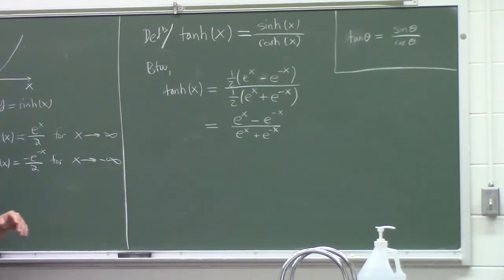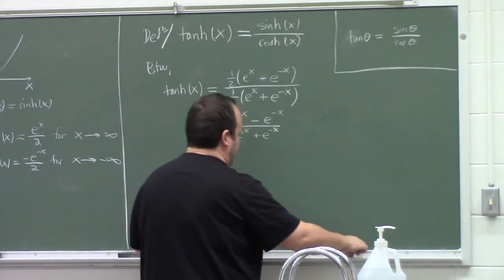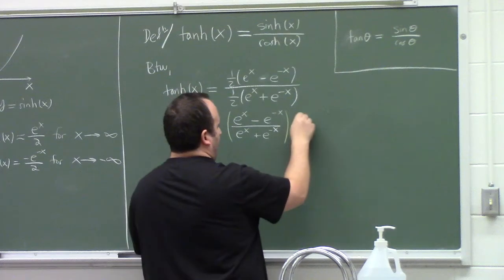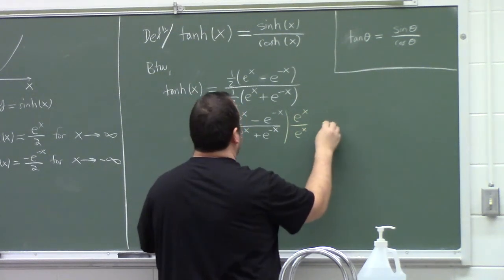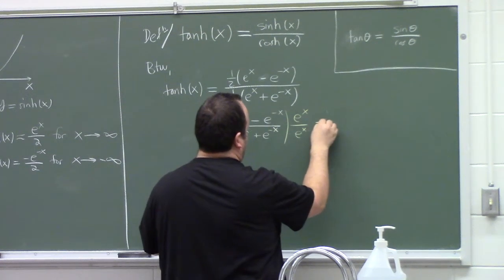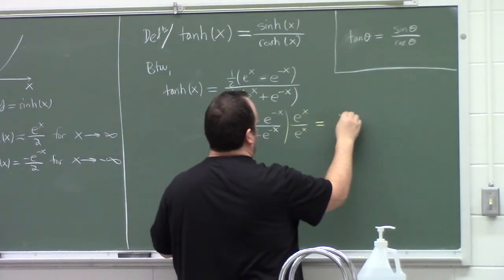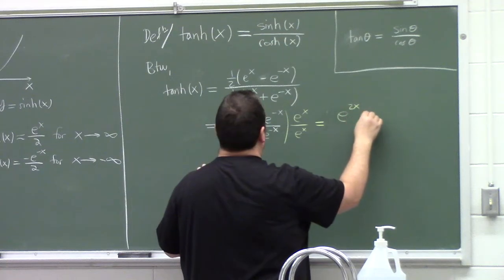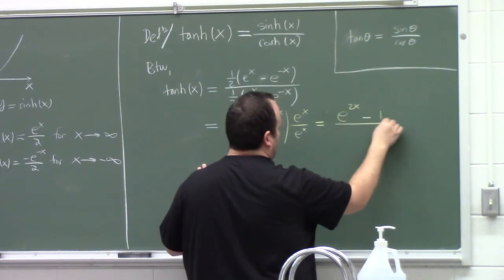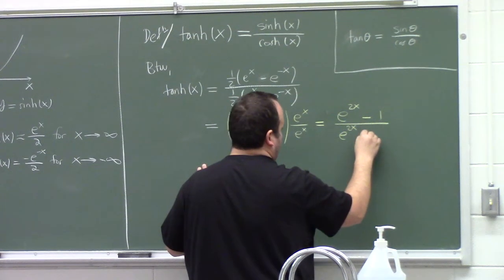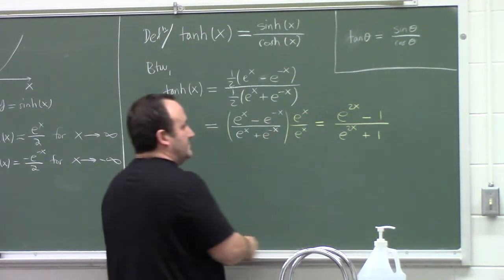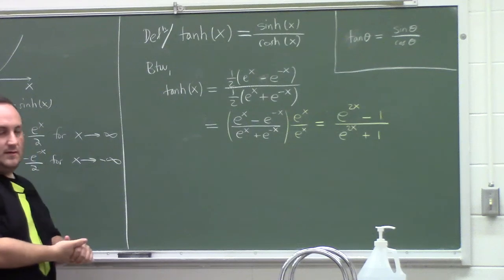But one of the things we could do is take that and multiply by e to the x over e to the x. What do you get? We get e to the 2x minus 1 over e to the 2x plus 1. Why would we do that?